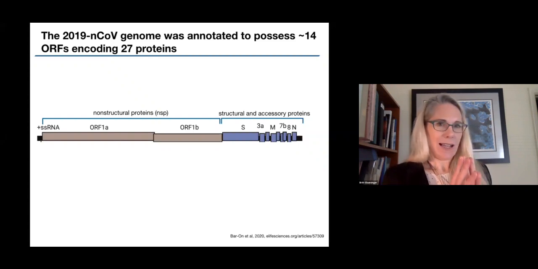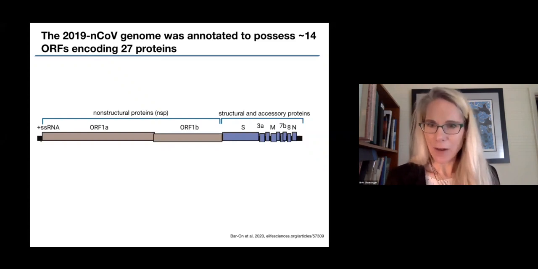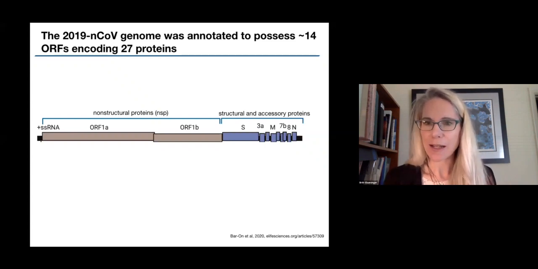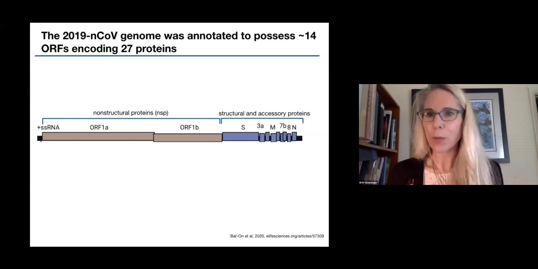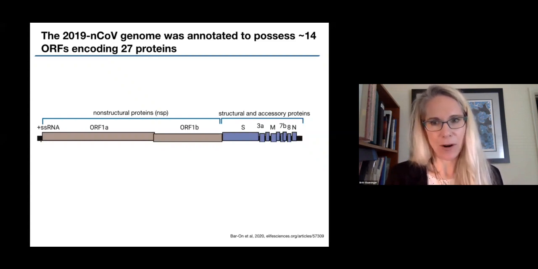For eukaryotes, generally there is one protein expressed per messenger RNA. The vast majority of our messenger RNAs are monocistronic, so one gene per messenger RNA, different from prokaryotes, of course, which are polycistronic, so multiple open reading frames can be translated from the same RNA.